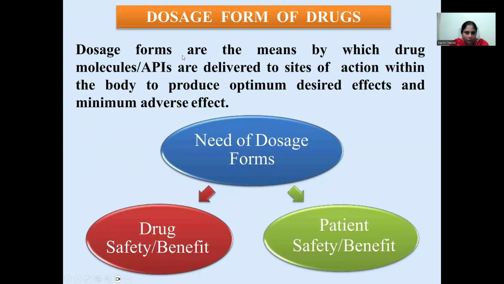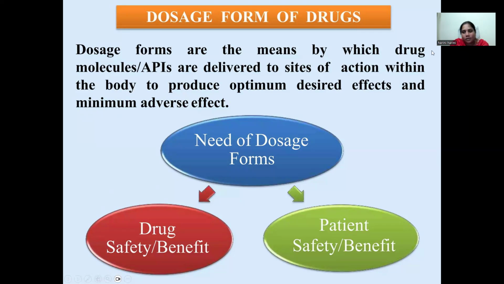What are dosage forms? Dosage forms are the means by which drug molecules or APIs are delivered to the site of action within the body to produce optimum desired effects and minimum adverse effects. So coming to the definition, APIs are nothing but active pharmaceutical ingredients.